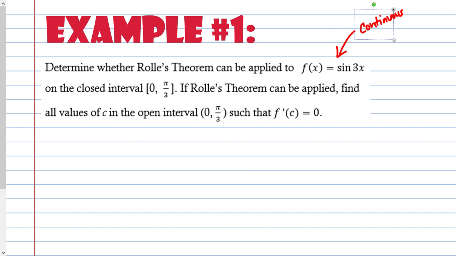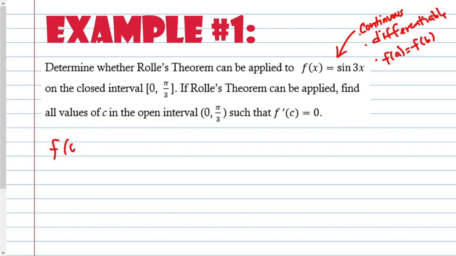Now, as far as differentiability, sine 3x is differentiable. So that takes care of the first two bullets. The third bullet is f of a has to equal f of b.